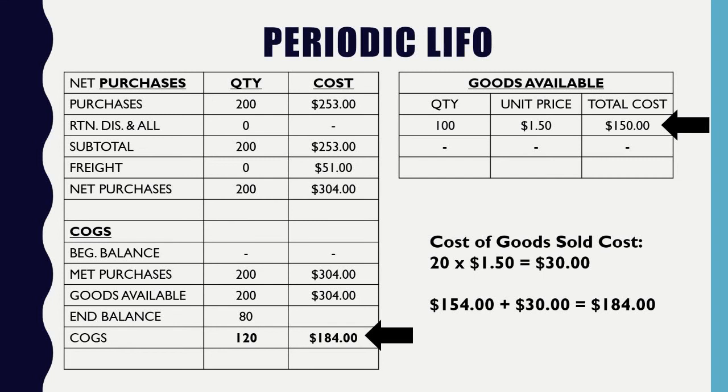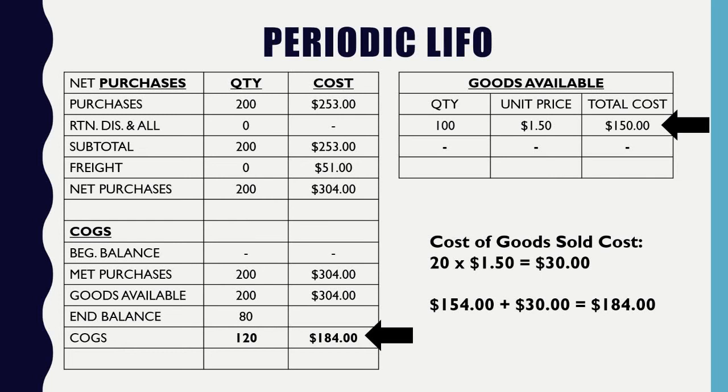How much is that going to give me in grand total? In grand total, it gave me $30, right? So I need to add that to the 100 I've already sold. I take the 154, add $30 to it, and that gives my grand total cost for the 120 units sold of $184.